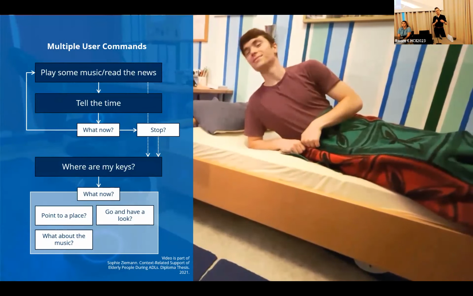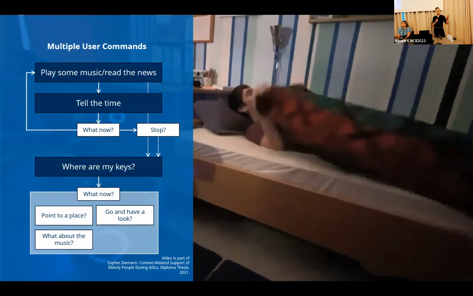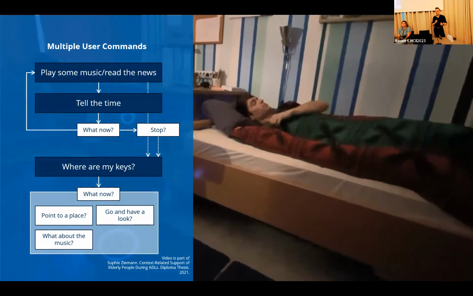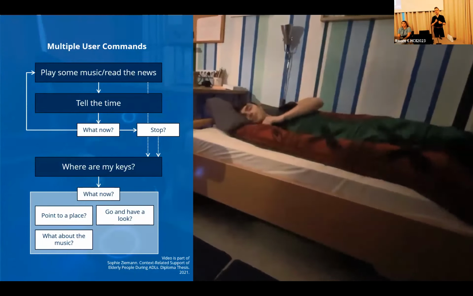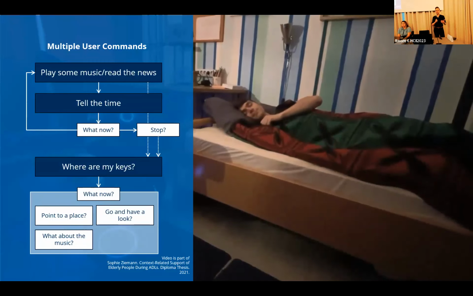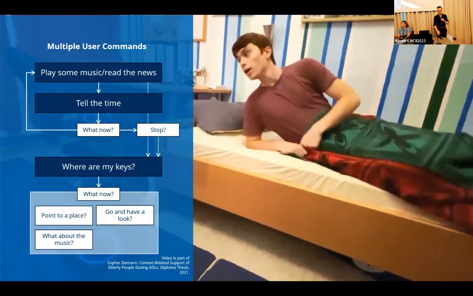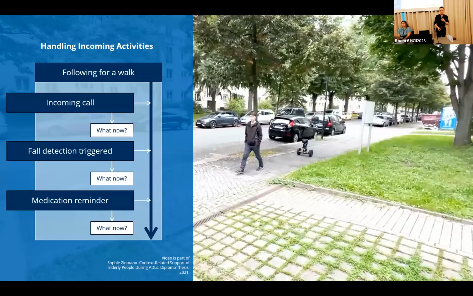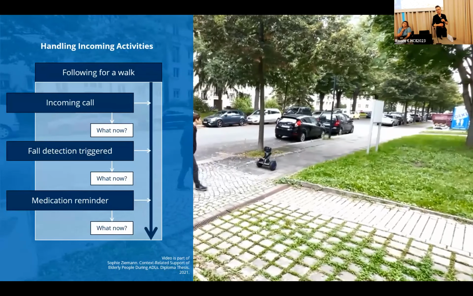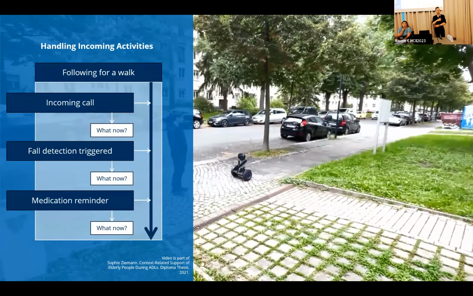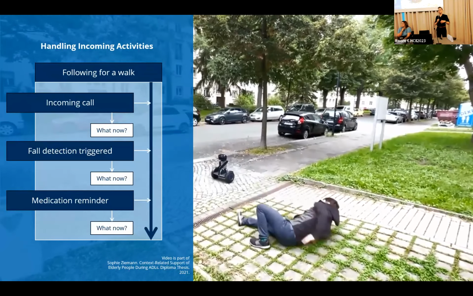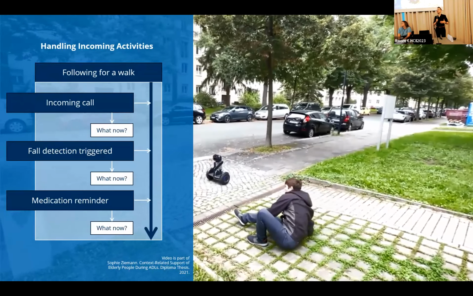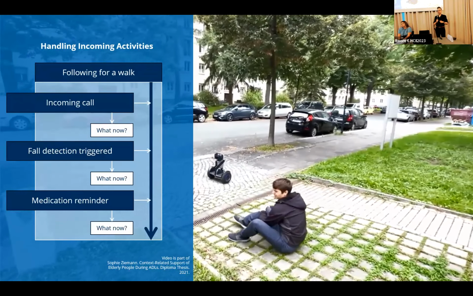And even after you found the keys, what about the music? Should that music still continue playing afterwards, or do you expect a behavior that stops the music in that case? Or other scenarios: what if there are not only user triggered commands, where you ask the robot to do something, but something happens and triggers a robotic activity?